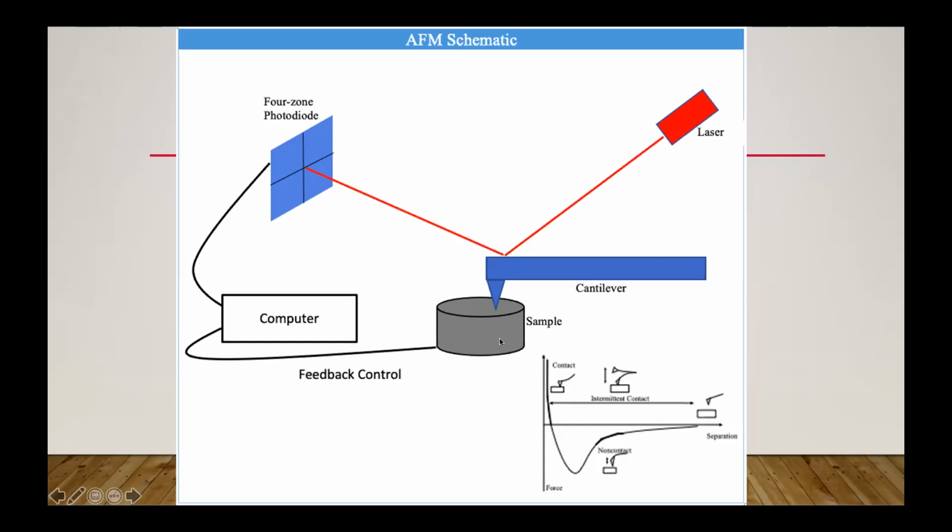After a change in the position of the tip and the cantilever, it moves the laser back to the center so that it can then record when the tip drops back down or increases further. This feedback control happens throughout the whole scanning period, and so you're able to eventually build a 3D model of the surface that you're scanning using AFM.